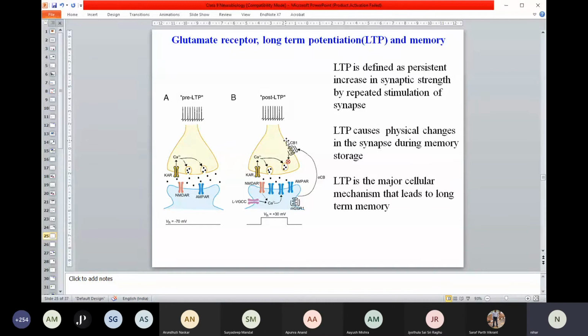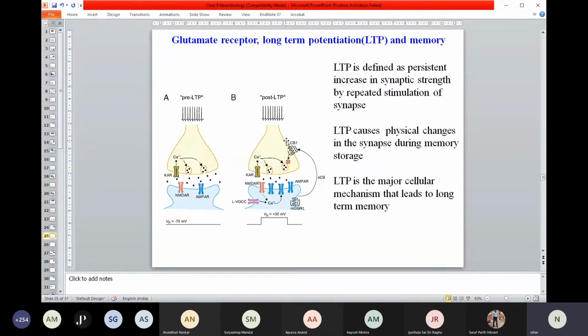So I already mentioned earlier, when I talked about synaptic dendritic spines, that dendritic spines are very dynamic. They are constantly produced and constantly eliminated depending on the activity of the neuron.